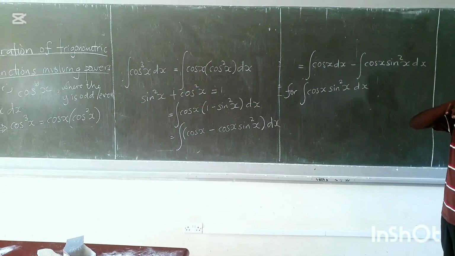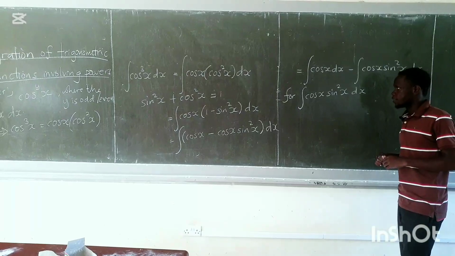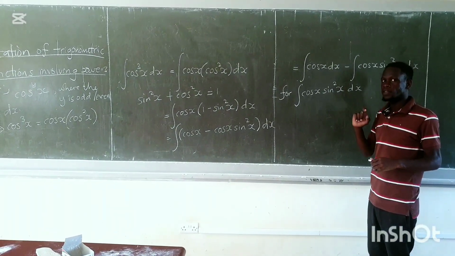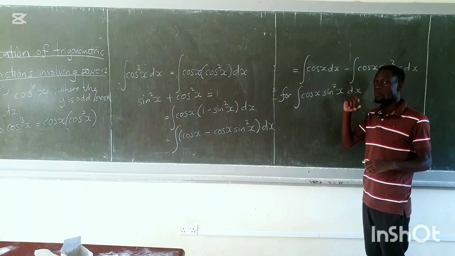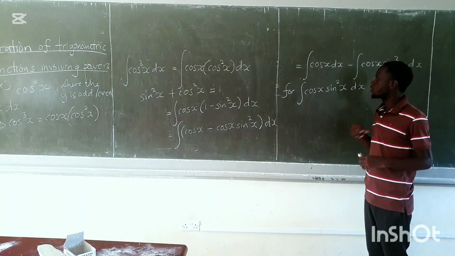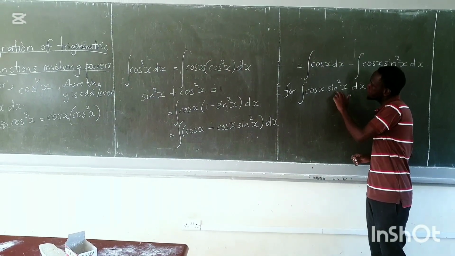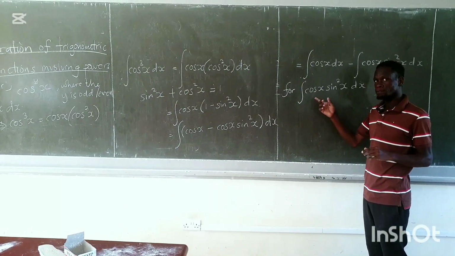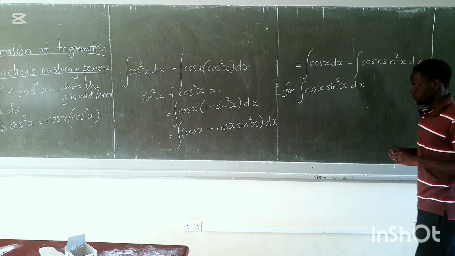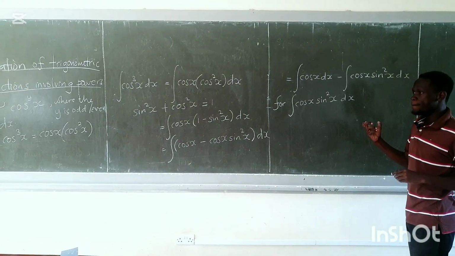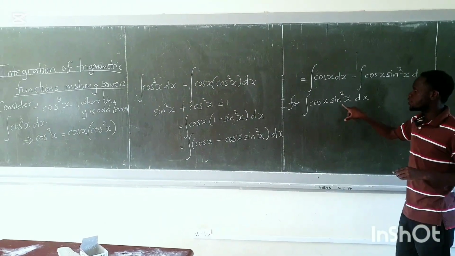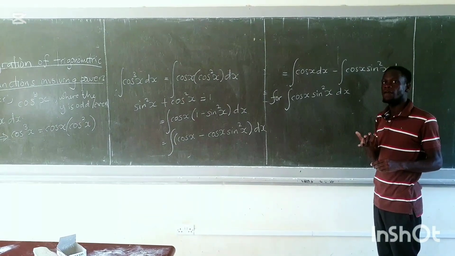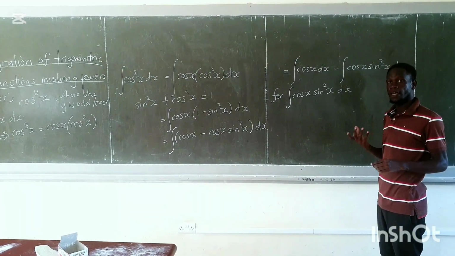The trick here is to look at the trig function that is having a higher power compared to the other. In this case, it is sin x that is having a higher power compared to cos x. So we shall now consider a power slightly higher than sin^2 x, and that will be sin^3 x.